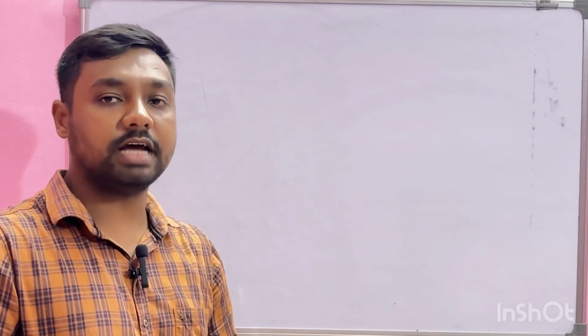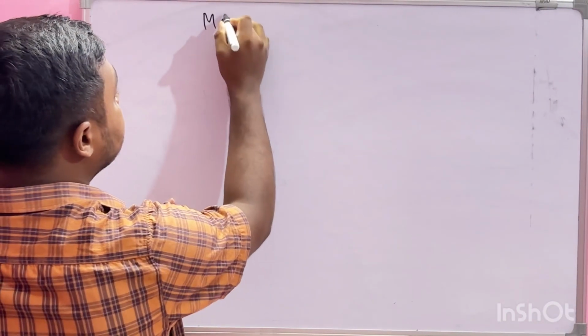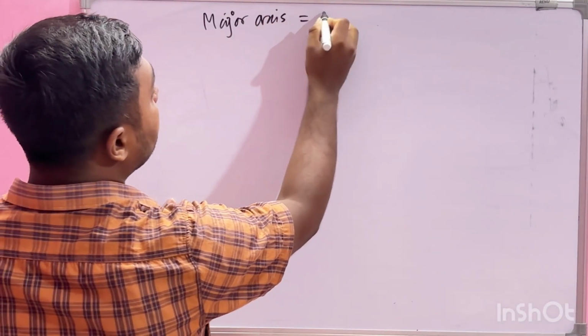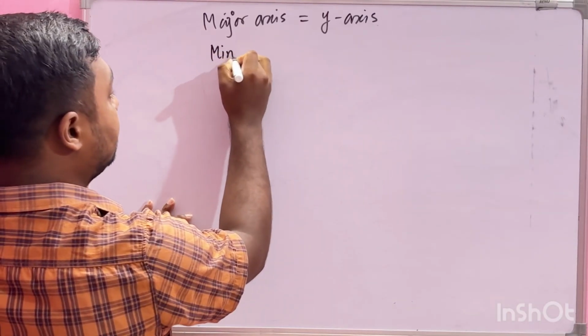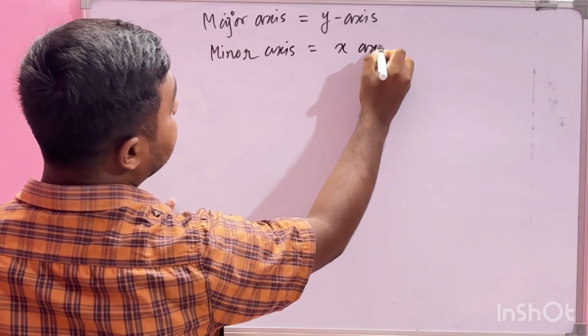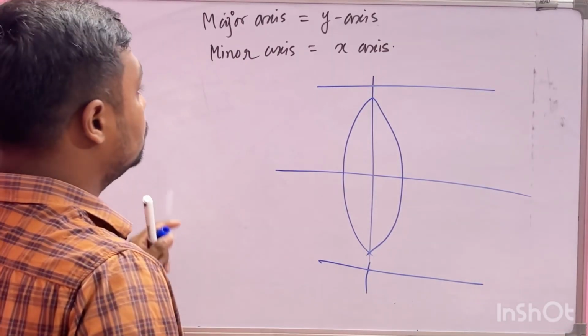Now let's discuss another ellipse for which the major axis is the y axis and the minor axis is the x axis. How does this ellipse look?